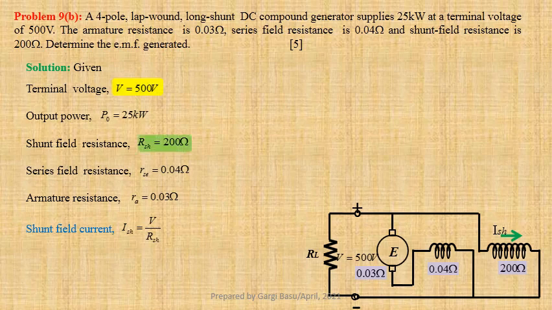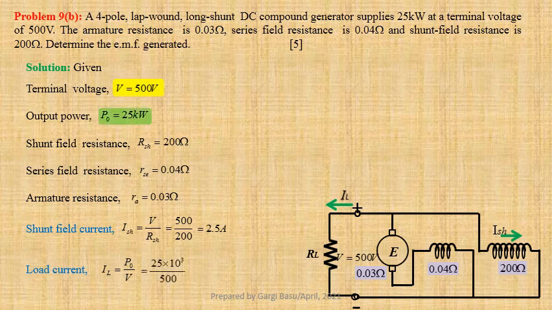Using values we get 500 divided by 200, that is equal to 2.5 ampere. Load current IL equals PO divided by V, that is equal to 25 into 10 to the power 3 divided by 500, that is equal to 50 ampere.